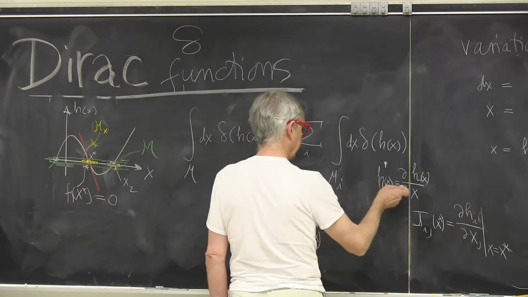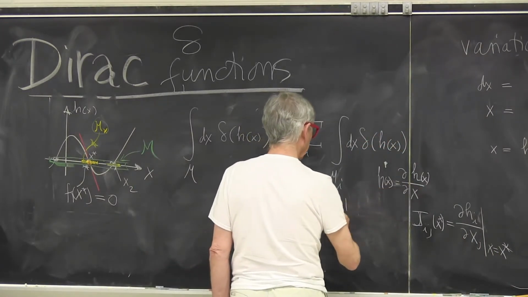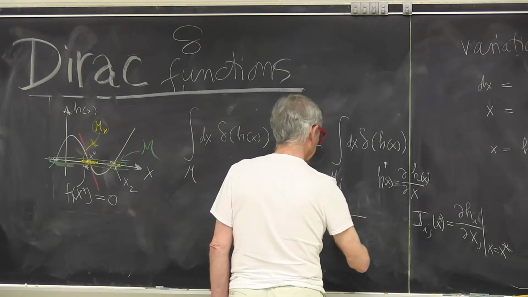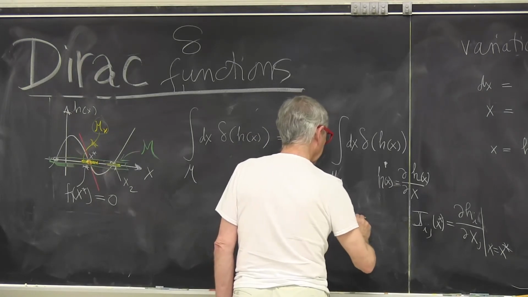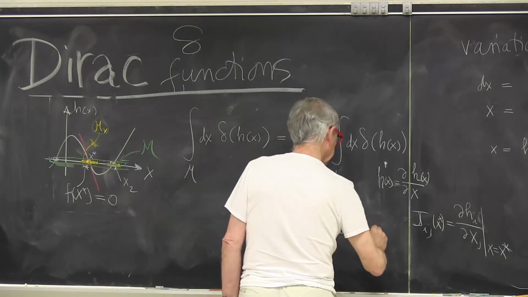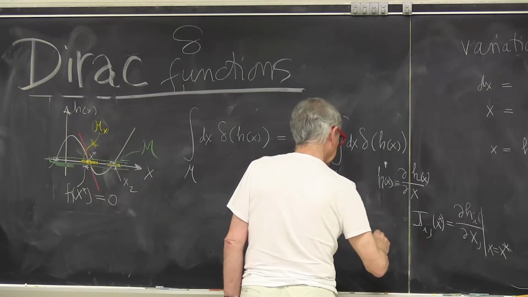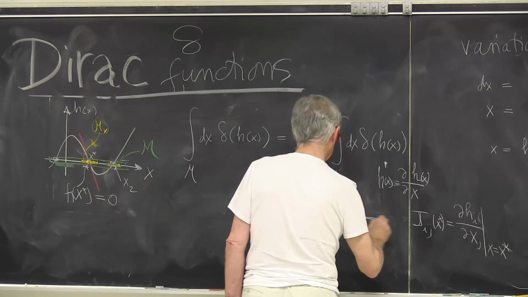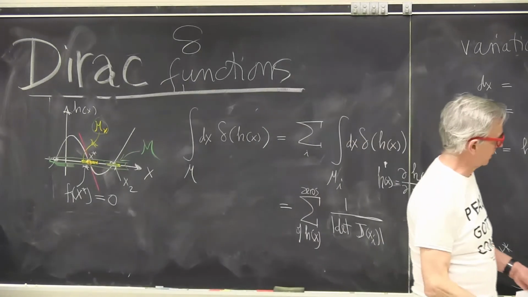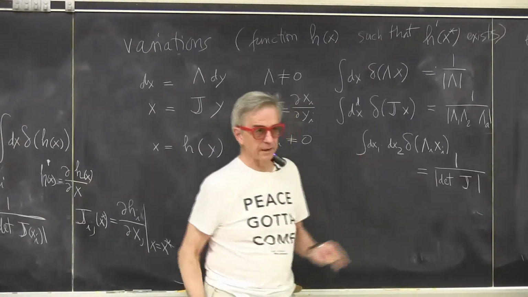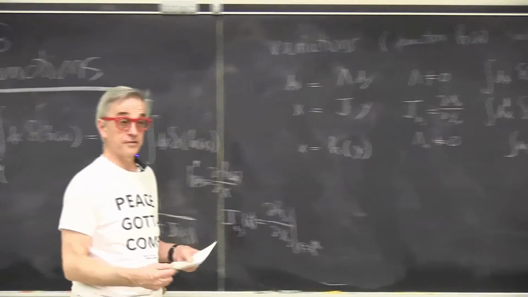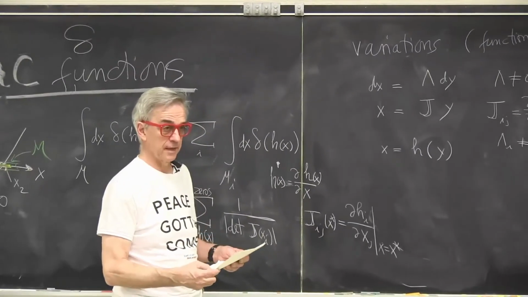So then this rule now becomes a sum over determinants of J evaluated at the zeros. And this is all we will actually need to know to use Dirac delta functions in the rest of this course. Nothing fancy will happen.